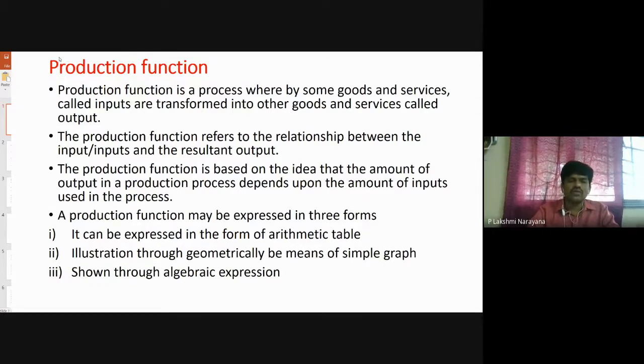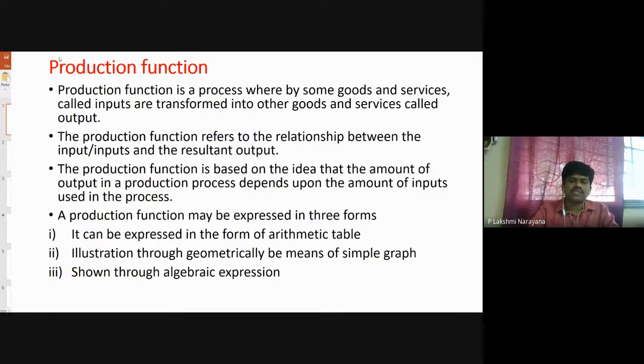Here you all know what production function is. The production function is nothing but the relationship between physical inputs and physical output. Which type of relationship? Functional relationship. The functional relationship of physical inputs and physical output is said to be production.